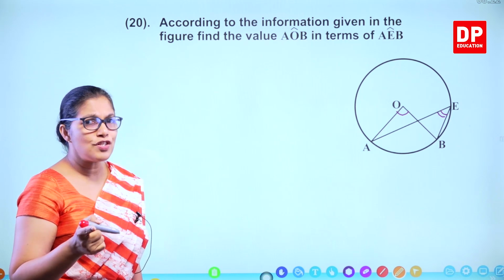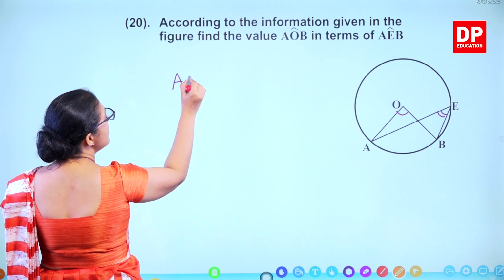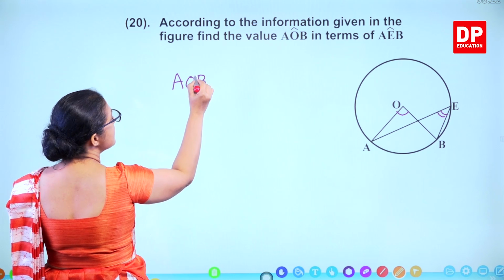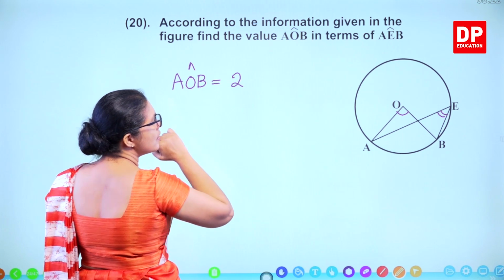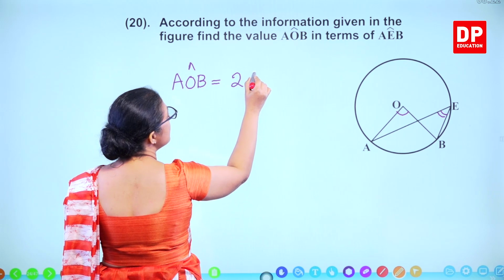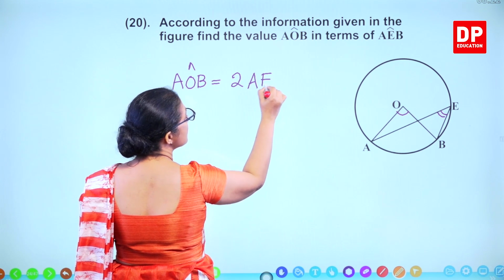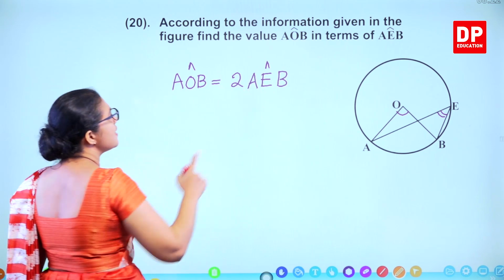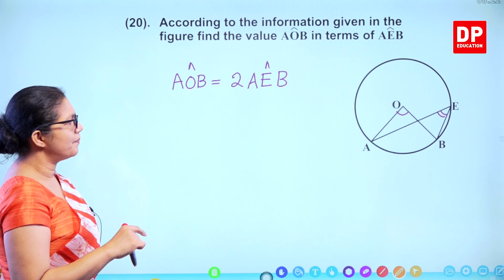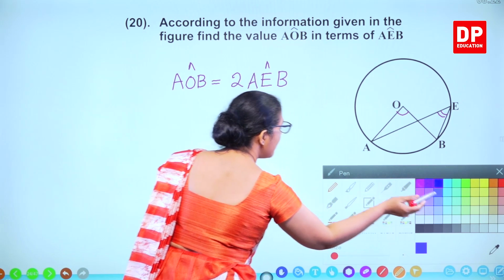So what's the relationship? We know the angle subtended at the center is double the angle subtended on the circumference, AEB. So that's the relationship. So you get 2 marks to identify the theorem.